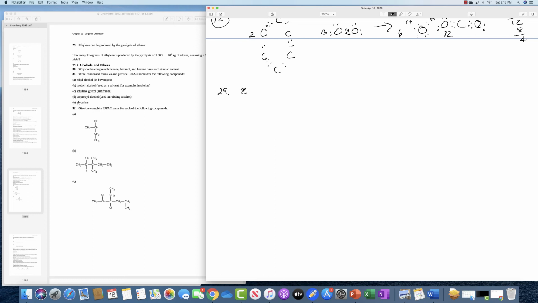You take the underlying substance, which in this case is ethane, C2H6, and under heat you produce C2H2, which is ethylene or ethine, plus 2H2, and that's the process of pyrolysis.